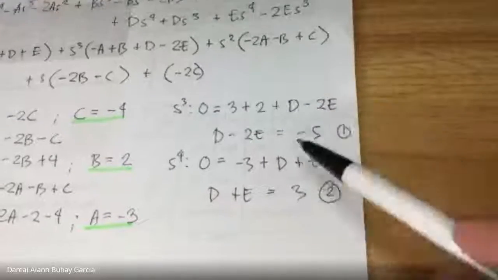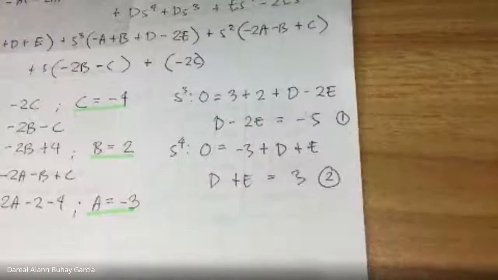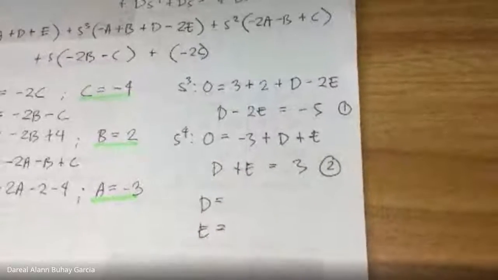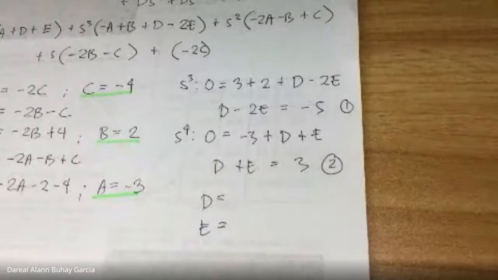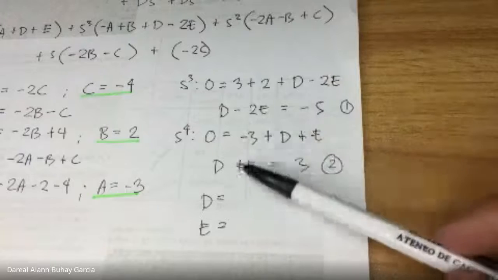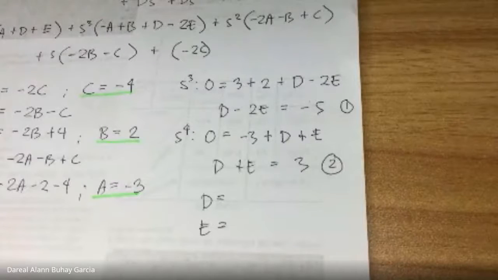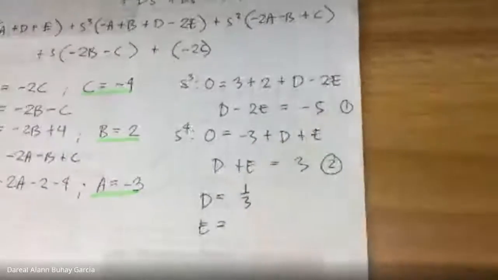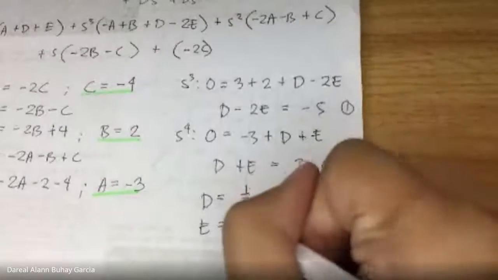Simultaneously solving for D and E. Pwede siya substitution or elimination. D is 1/3. E is 8/3.